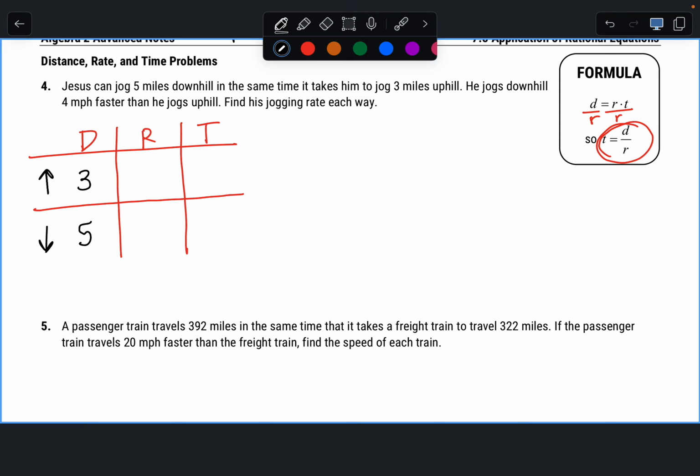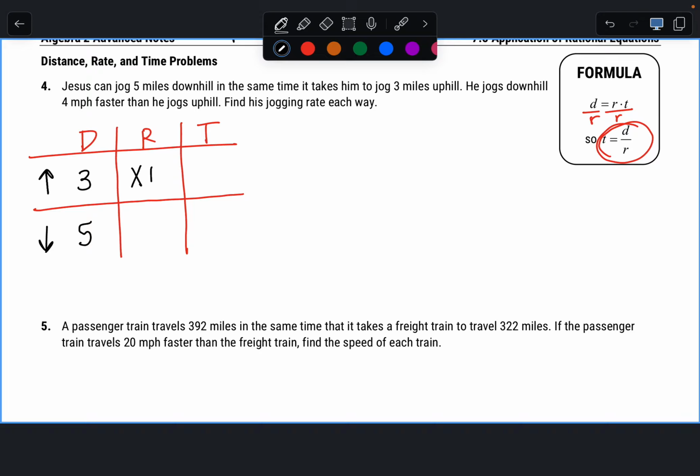This is why the table's nice, because it helps you organize your information. Now, it also says he jogs downhill 4 miles per hour faster than he jogs uphill. So is the 4 miles per hour faster his original speed, or is it the something extra? It's the something extra.